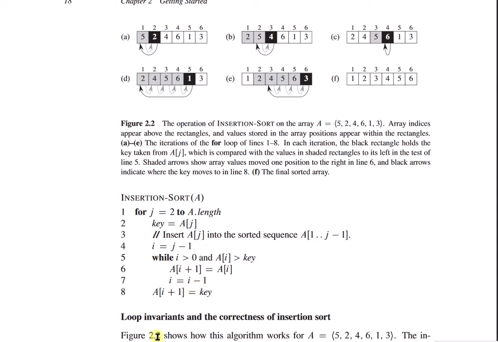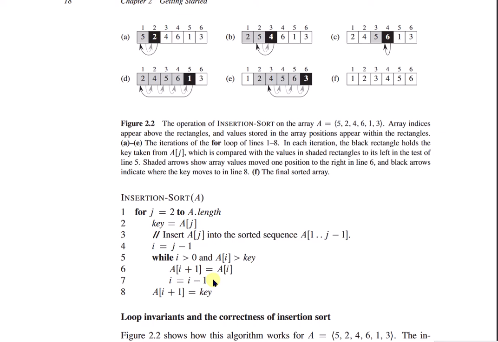And A[i+1] is equal to the key. This while thing is a loop.